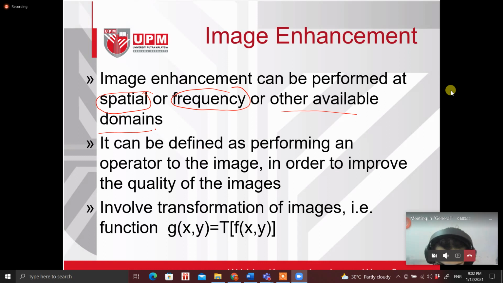Do you all understand about the spatial domain? What it means by spatial domain? Anybody who doesn't understand the word spatial or spatial domain? No response, so I believe everybody understands.